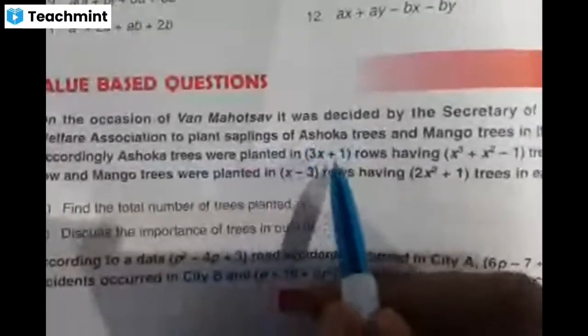So there are how many rows? 1, 2, 3 rows. In each row I plant 3 trees. What is the total number of trees I have planted? You multiply: 3 into 3, 3 threes are 9.